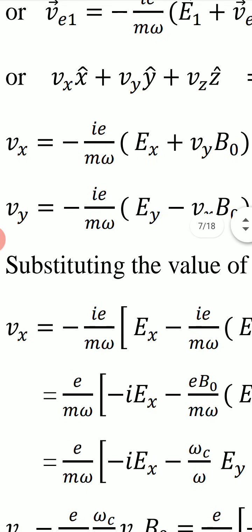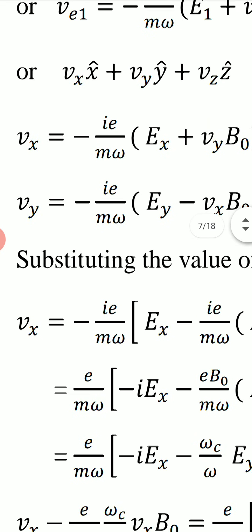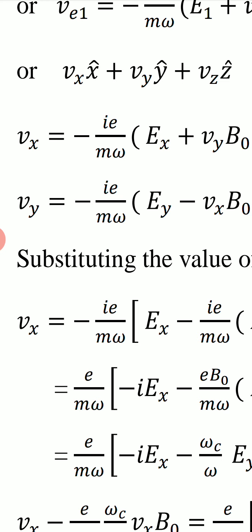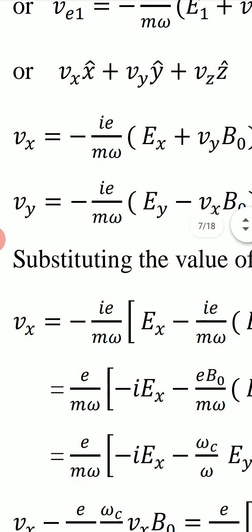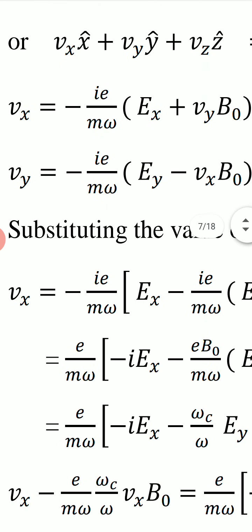So we find these two equations for Vx and Vy by comparing the coefficients of x cap and y cap in the left hand side and right hand side. Now from these two equations we can find the values of Vx and Vy.